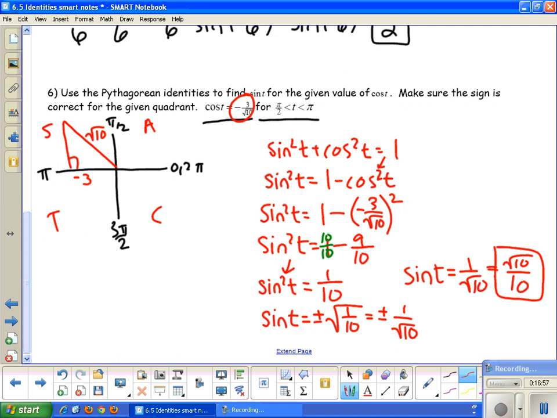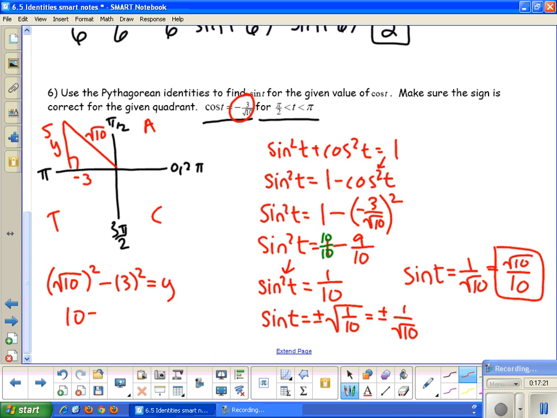I could also use my other Pythagorean identities to solve for cosecant or secant or tangent. And I now know again that this value right here, if I do the square root of 10 squared minus 3 squared, would give me my value here, which we'll call y.